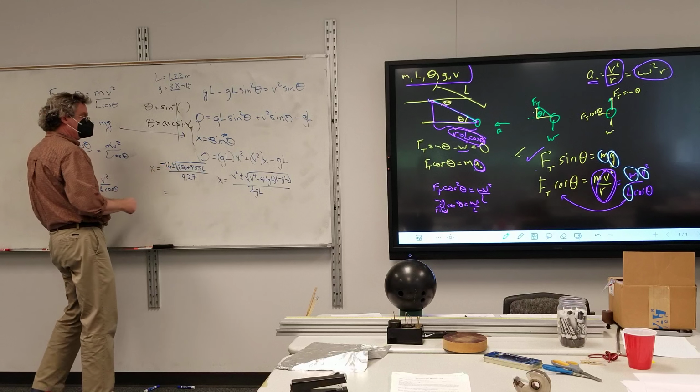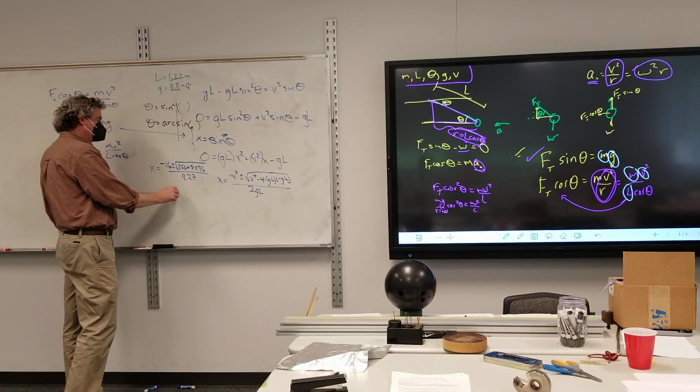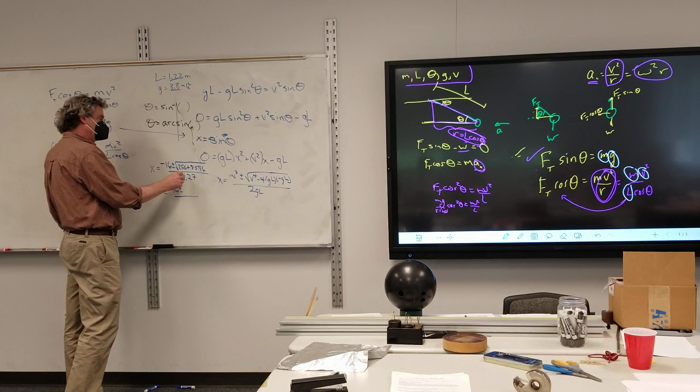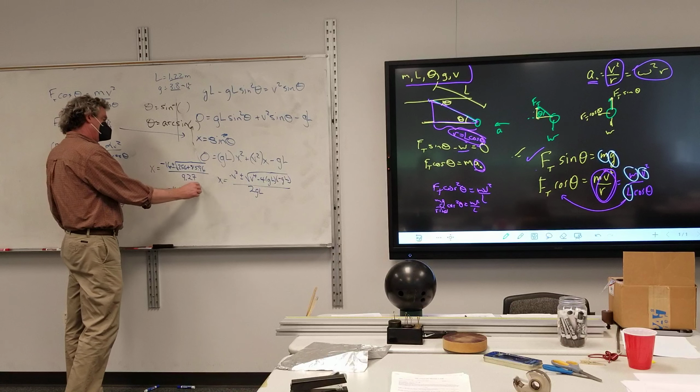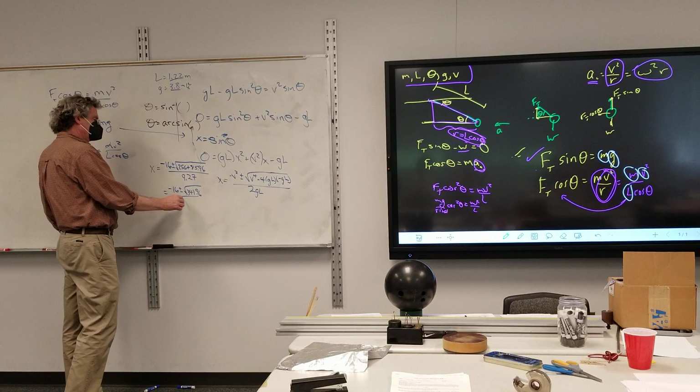So our two solutions: negative 16 plus or minus that. Doing the fancy math here, so the square root of 341.96.